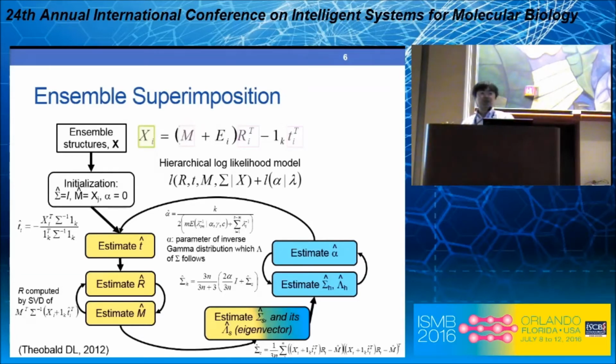Basically, residues which do not deviate much have a very small probability, and residues which deviate a lot also have a small probability, and they have some distribution. And then after I compute the covariance matrix, I come back to the estimation of M, R, and T, and so on.